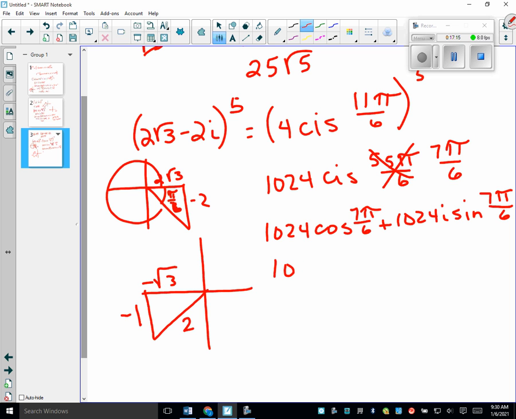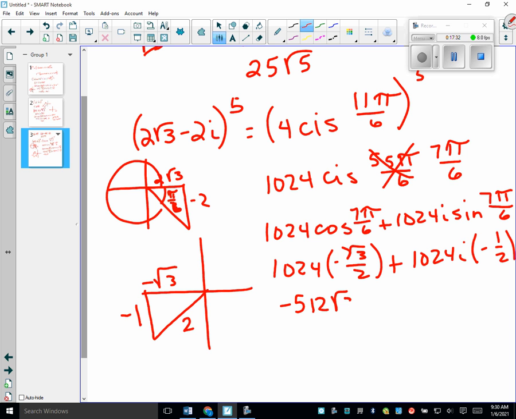So I have 1024 times negative radical 3 over 2 plus 1024i times negative 1/2, which is negative 512 radical 3 minus 512i. Easy peasy. Was that too bad?